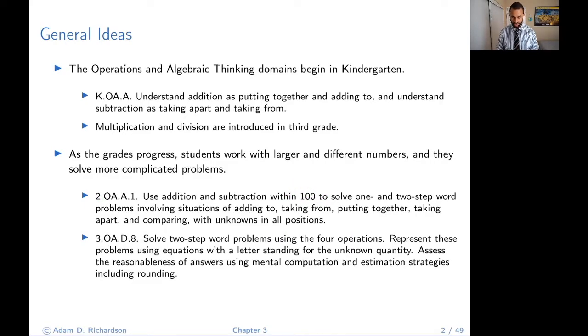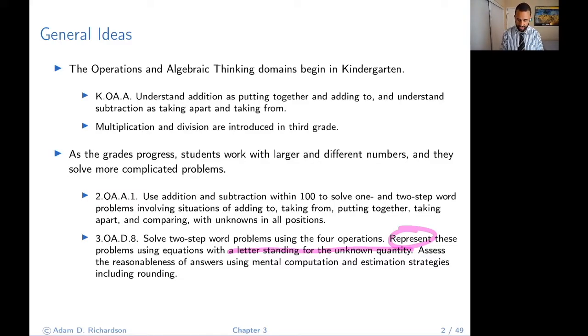In third grade, they should be able to solve 2-step word problems involving any of the 4 primary operations: addition, subtraction, multiplication, division. They should be able to represent these problems using equations with a letter standing for the unknown quantity. So this is an interesting cognitive leap that students have to make.